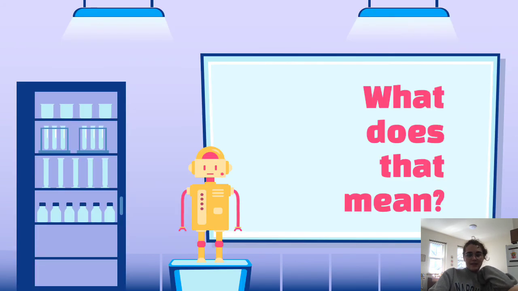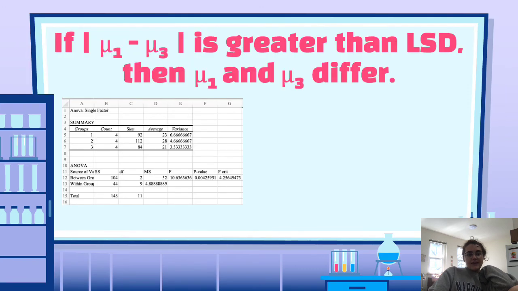So what does that mean? If the absolute value of the mean of 1 minus the mean of 3 is greater than the least significant difference, then the mean of 1 and the mean of 3 are different. So basically, the mean of 1 is 23 and the mean of 3 is 21.